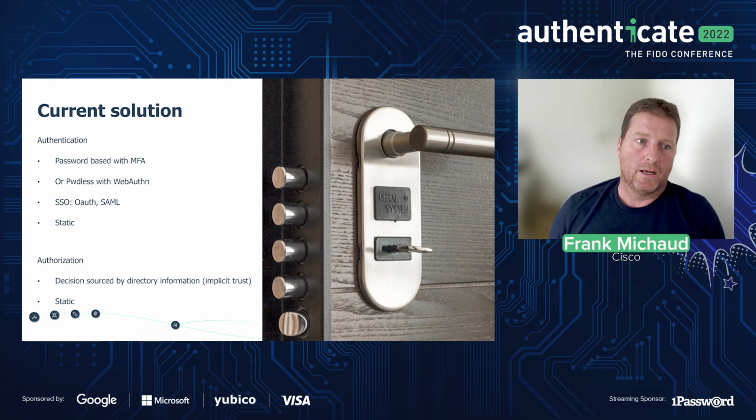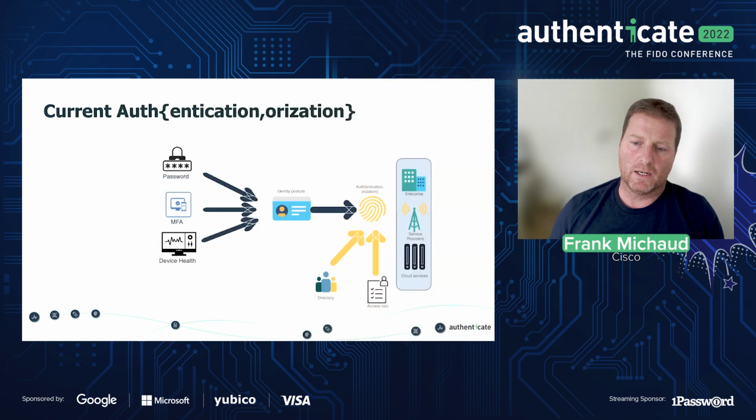But when we look at that, is it really solving the problem we have today? Not sure. Before going into that, the question I just raised, I'm showing a simplified architecture of the process I just explained, and I want to introduce the term I'm using. It's called the identity posture.